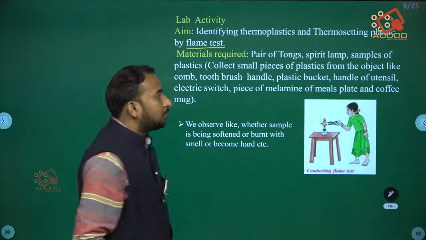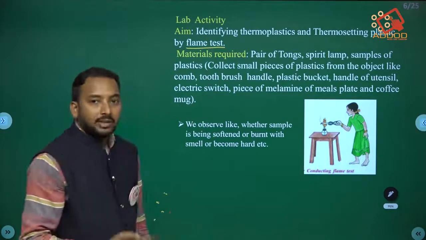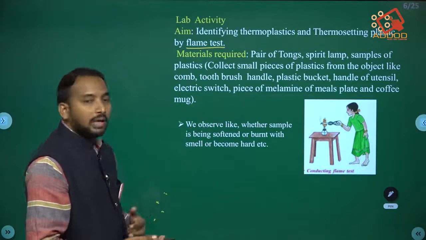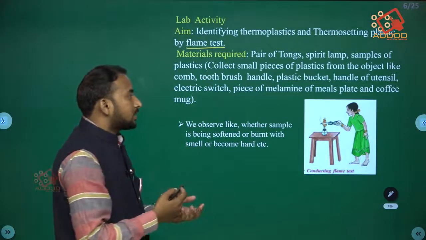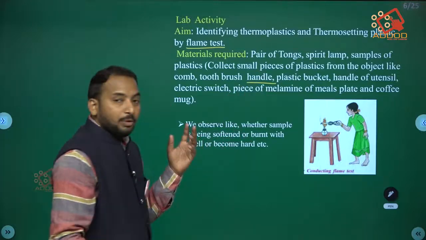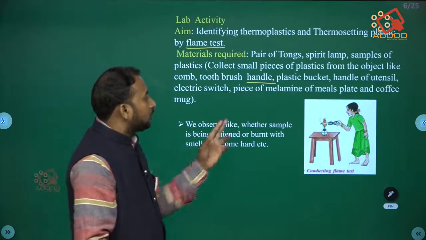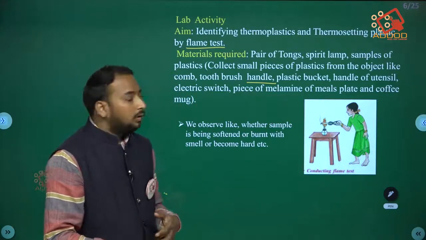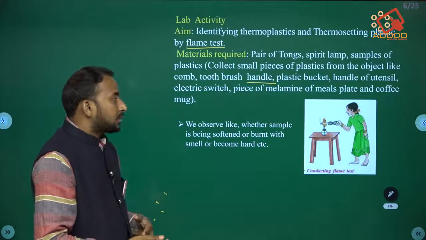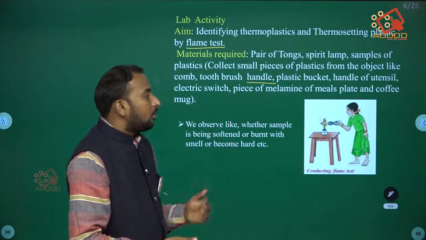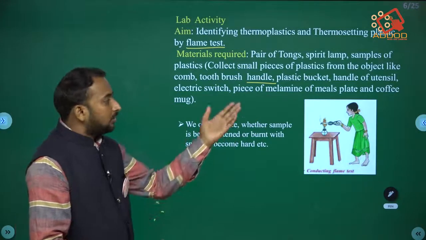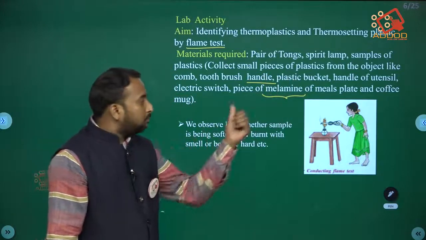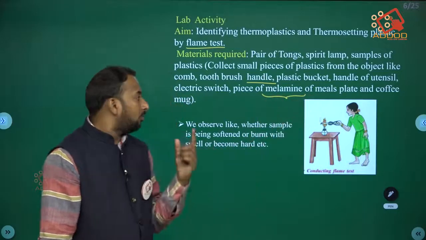Samples of plastic: collect small pieces of plastic objects like a comb, a toothbrush handle, a plastic bucket, the handle of utensils, an electrical switch, and a piece of melamine such as a meals plate and a coffee mug.